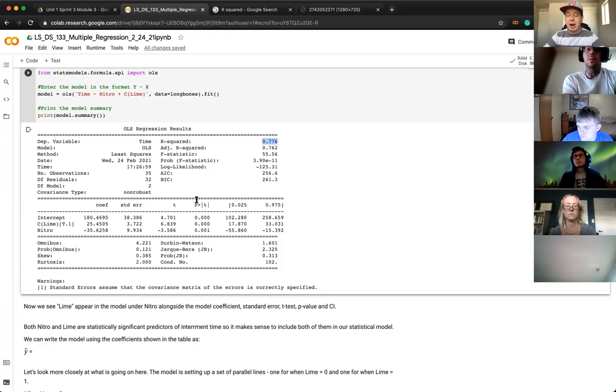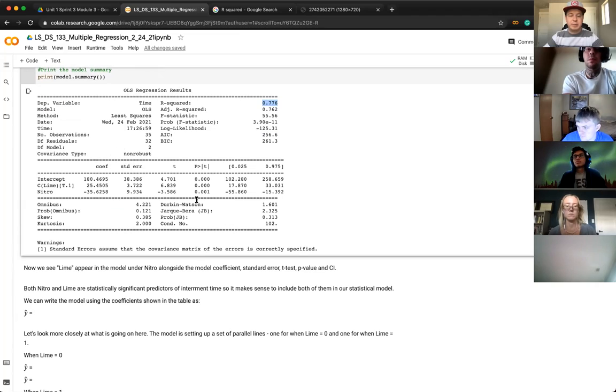It's a pretty good r squared for having just two x variables. Okay, so these two things together tell us this was a good inclusion. Right, we've added something to the data that has improved our model, and we're capturing more of all the things out there that could explain interment time. We now are representing around 76, 77% of those things. Okay.